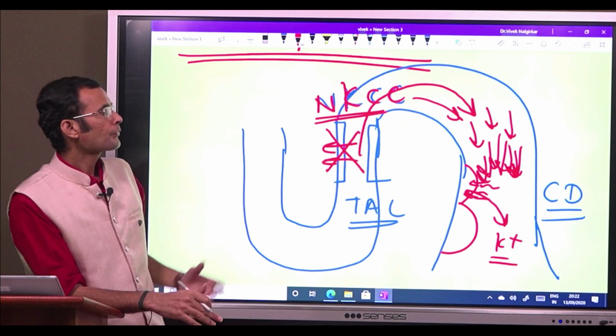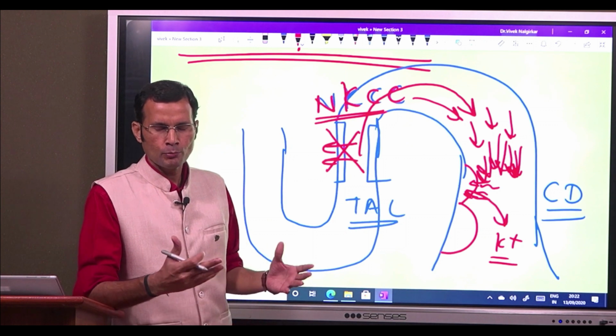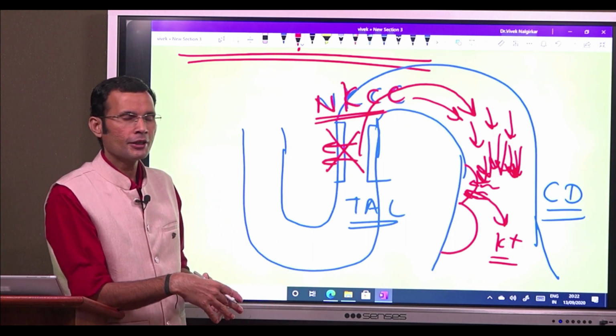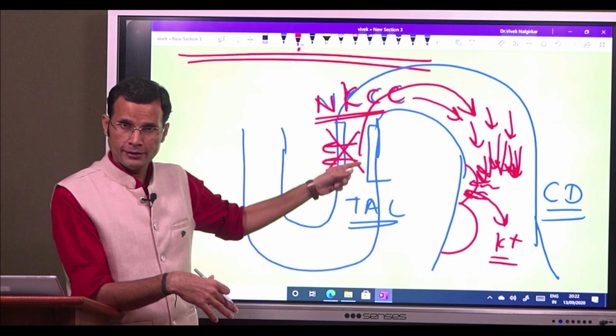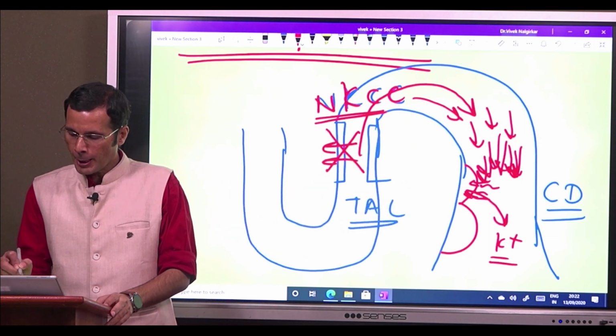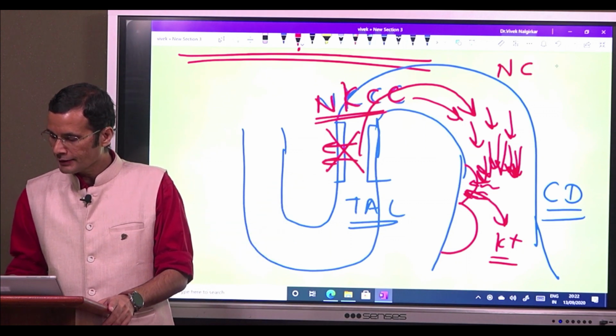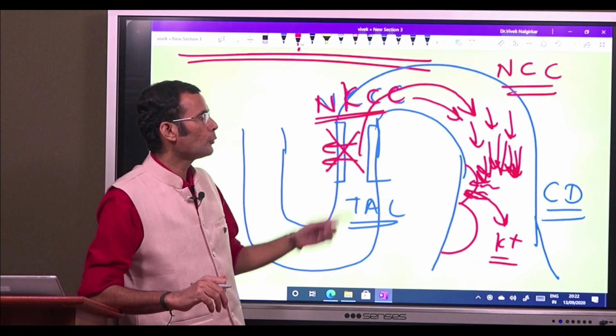So remember, electrolyte disturbances are caused by these loop diuretics, or by many of the diuretic categories like this. This is the mechanism of action. Or in the DCT, there is another transporter called NCC, the sodium chloride co-transporter.